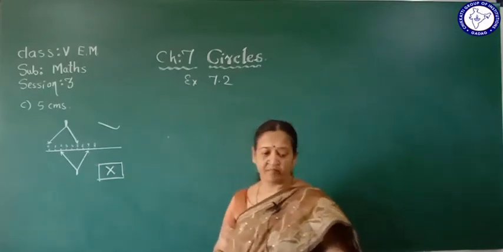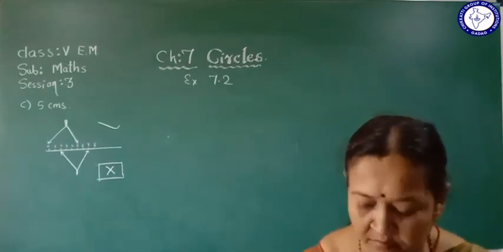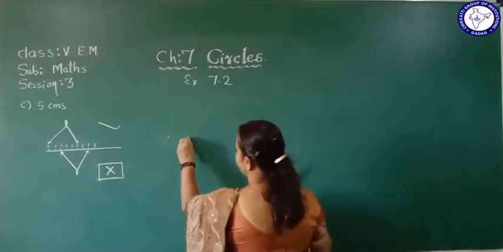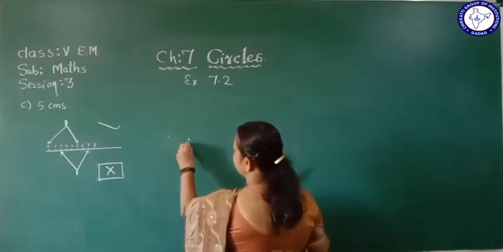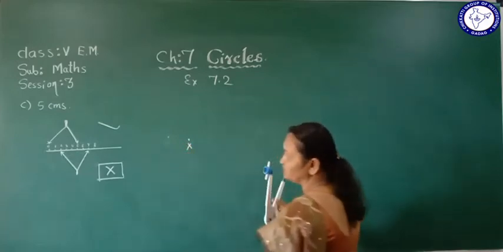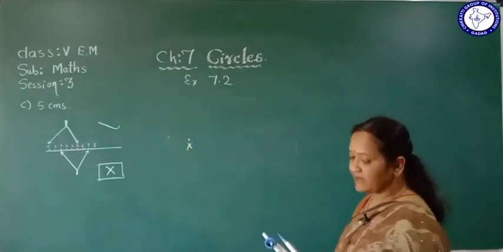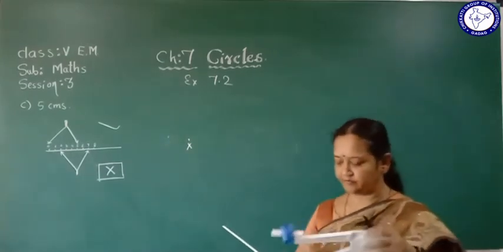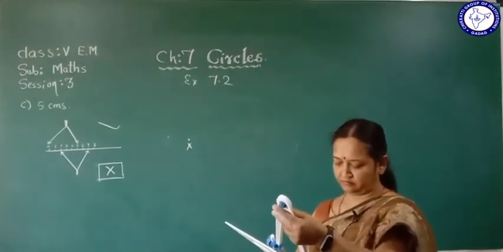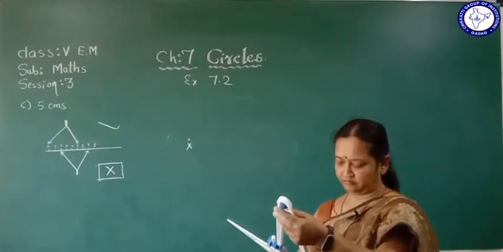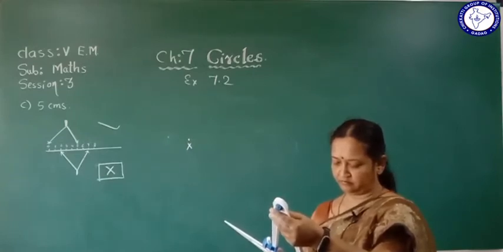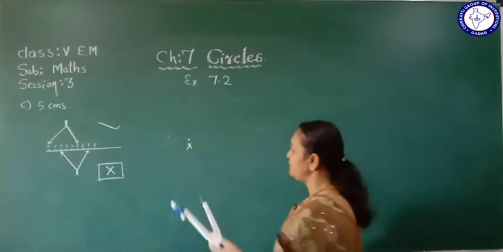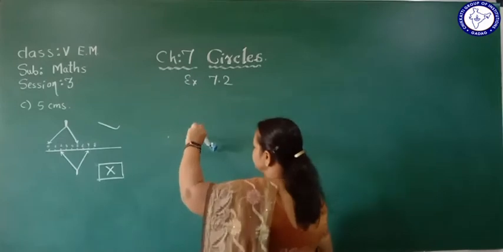So here let me construct a 5 centimeter circle. Now this is point X. Then 5 centimeter we have to construct. So let me measure 5 centimeter. Here keep your compass on the center of the circle.